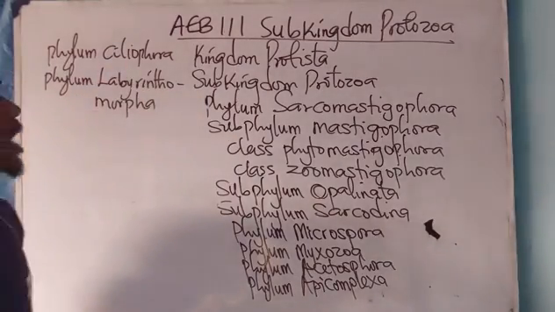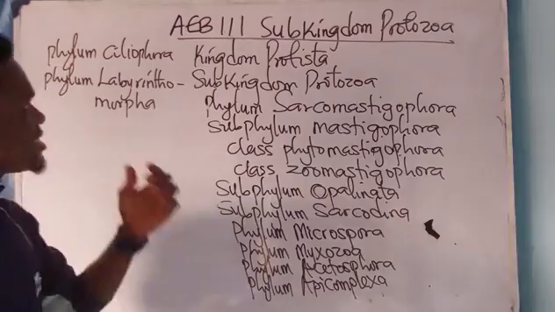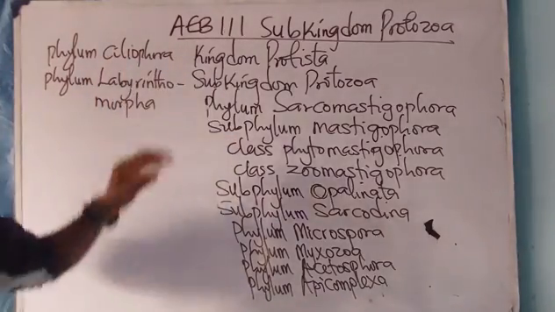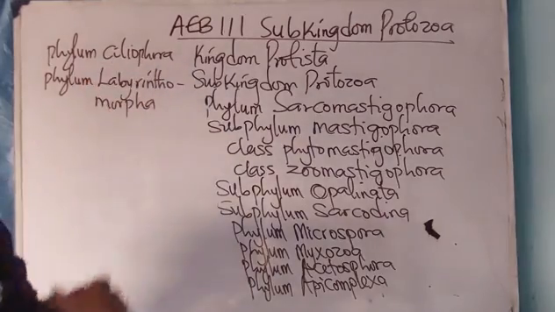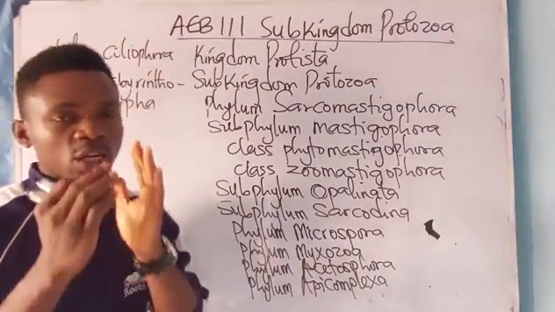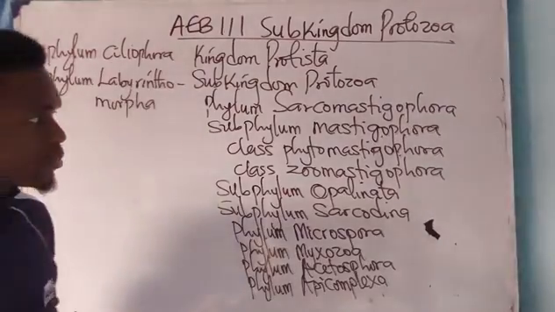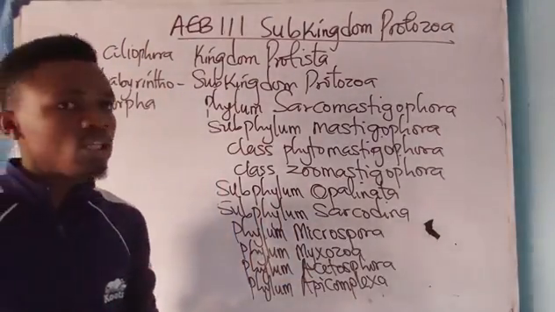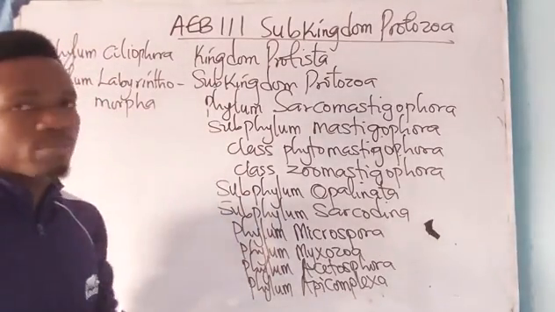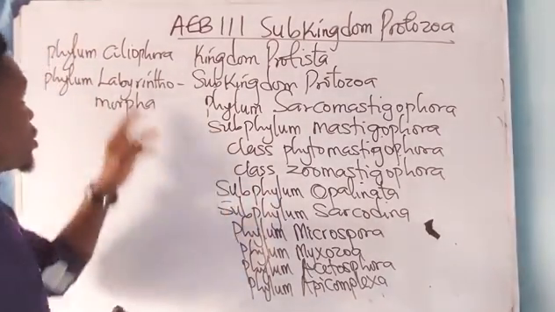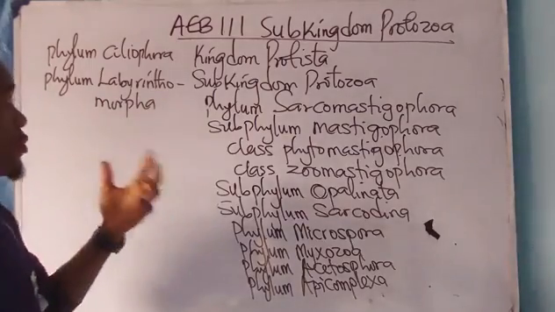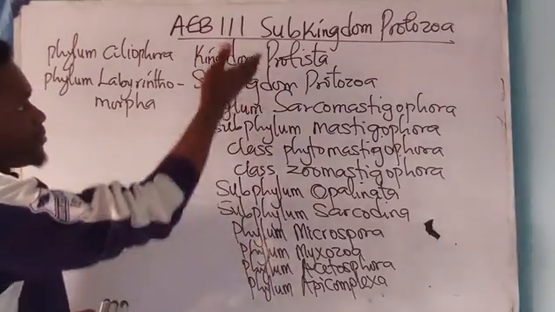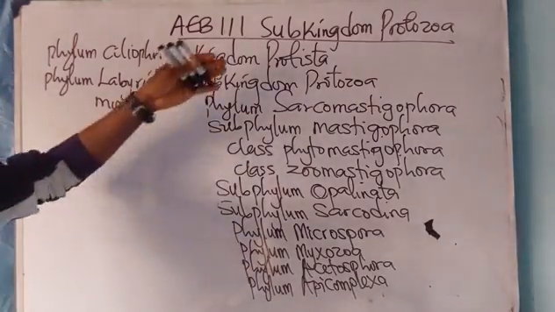Ciliophora houses organisms that use cilia, as the name implies. This phylum houses organisms that use cilia for what? Locomotion. Good examples are the Epidinium, the Tetrahymena, Paramecium. All of them are what? Ciliophorans, because they use cilia for what? Locomotion.